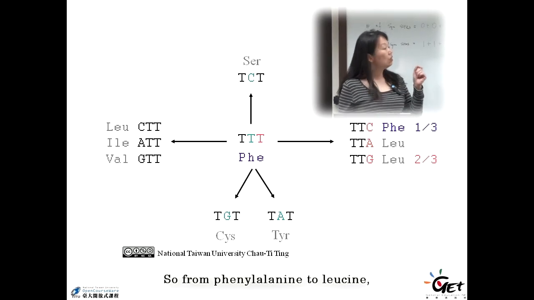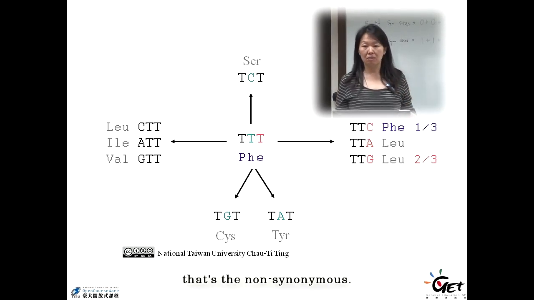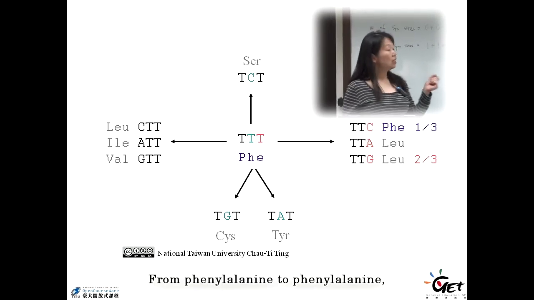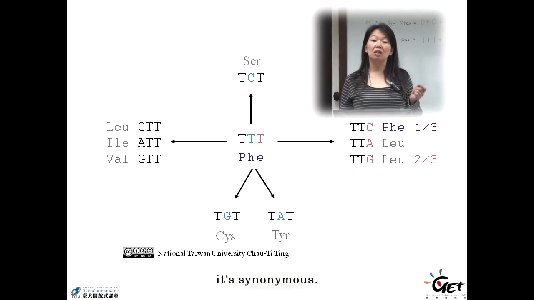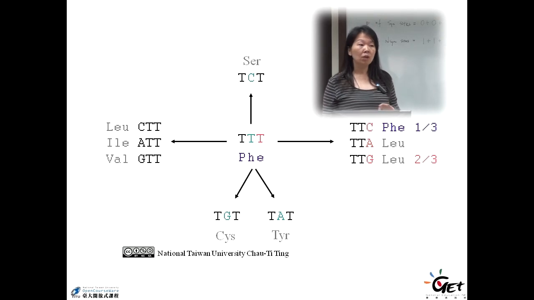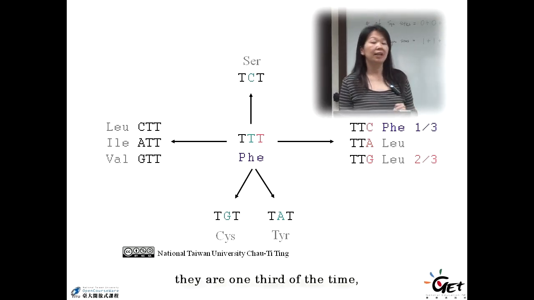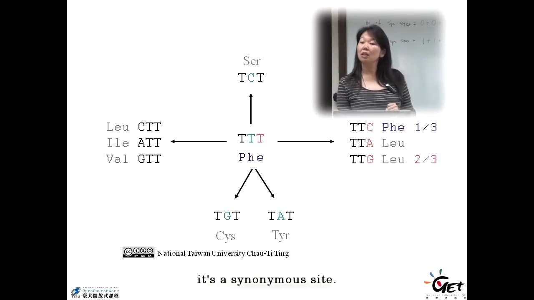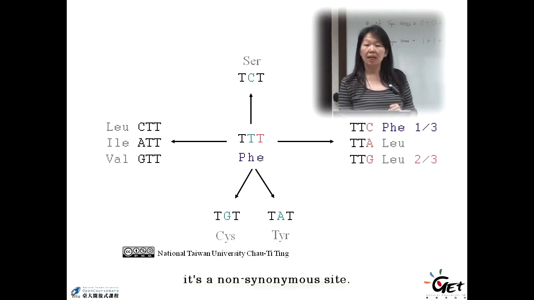From phenylalanine to leucine, that's non-synonymous. From phenylalanine to phenylalanine, it's synonymous. So for the third position, 1/3 of the time it is a synonymous site, and 2/3 of the time it is a non-synonymous site.